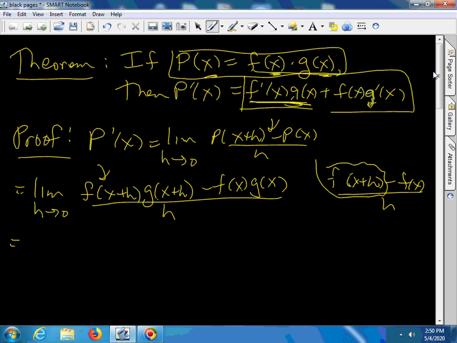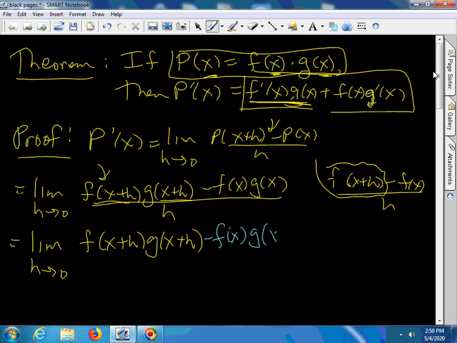So what I'm going to do is, since it's being multiplied by g of x plus h, I'm just going to write f of x plus h times g of x plus h, and then I am going to take something away. I am going to take away f of x times g of x plus h. Notice how I can factor out a g of x plus h, and then I'll have what I want.